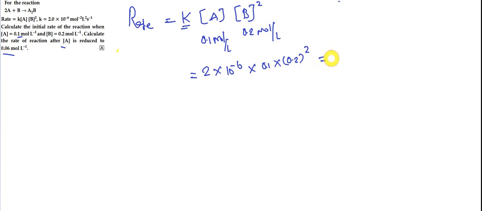So this can be written as 8 into 10 to the power of minus 9 mole per liter per second, right? So this is the answer for the first part, right?